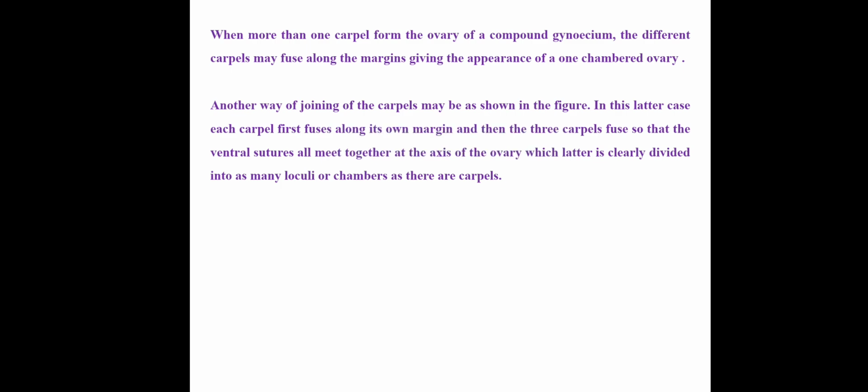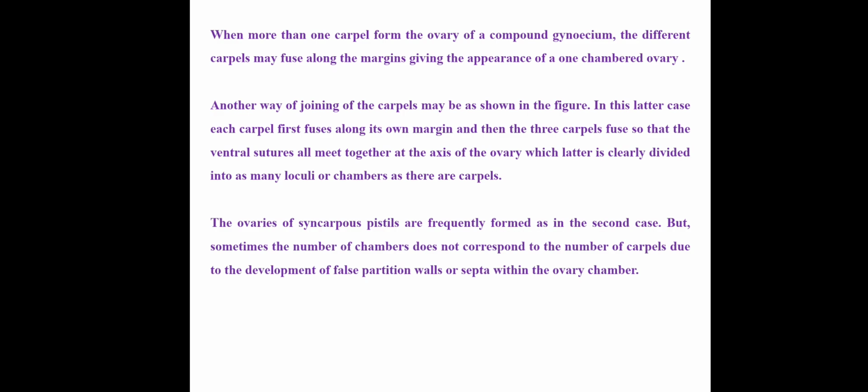Another way of joining the carpels may be as shown in the figure. In this latter case, each carpel first fuses along its own margin, and then the three carpels fuse so that the ventral sutures all meet together at the axis of the ovary, which is clearly divided into as many loculi or chambers as there are carpels.